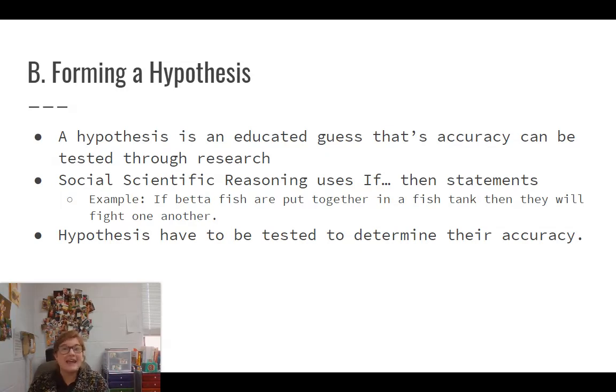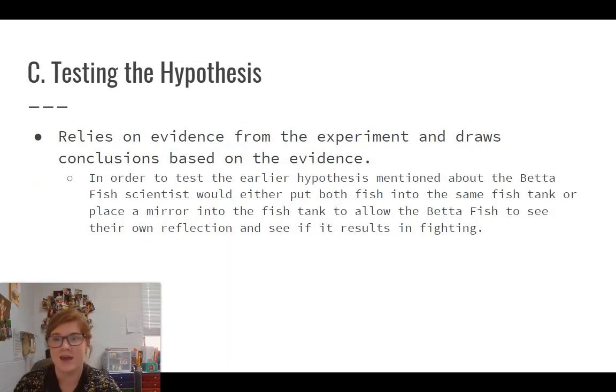So I can say all day long, if betta fish are put together, then they will fight one another. I can say that all day long, but unless we test that, we won't know if it's true or not. So testing the hypothesis relies on evidence from the experiment and draws conclusions based on that evidence that we just found.